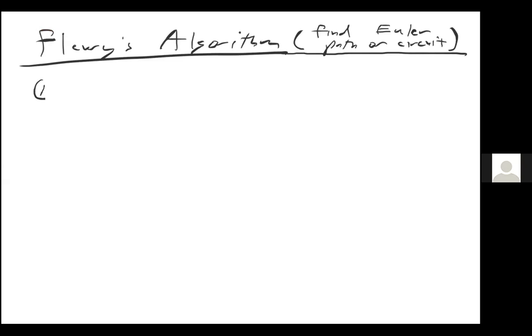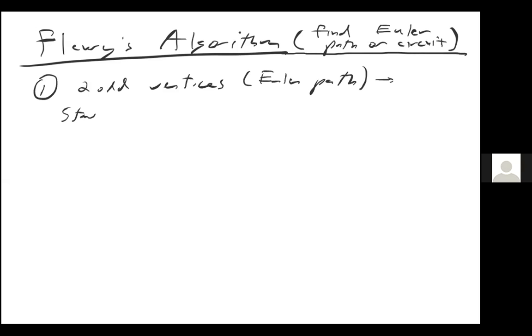So one, if I have two odd vertices, I'm going to have a path. I would start at an odd vertex, either one of the two that I have.